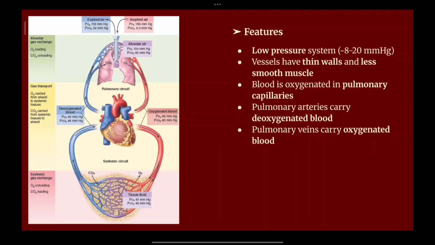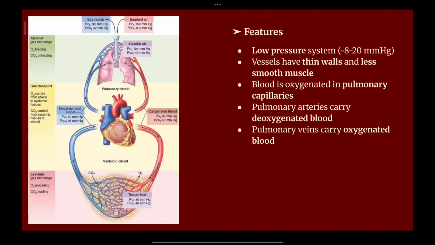Now moving to the features of the pulmonary circulation, there is a very low pressure. There is no requirement of extreme pumping for the blood to be put into the lungs. So it is called a low pressure system. Approximately 8 to 20 mm Hg of pressure is exerted to pump the blood from the right ventricle into the pulmonary arteries.